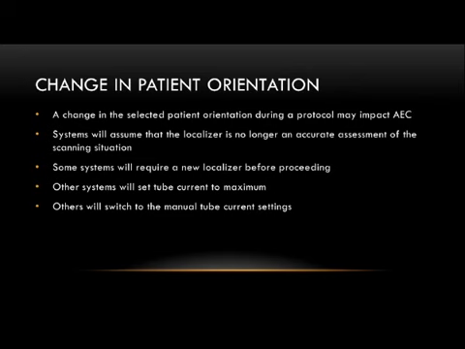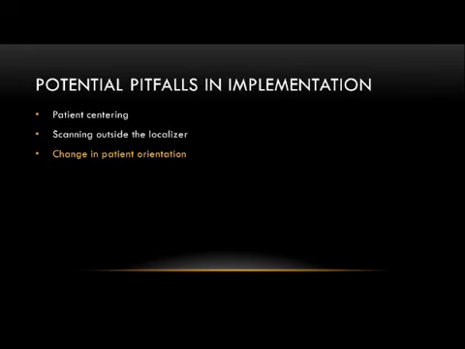Another very, very significant potential pitfall in implementation is if you change the patient orientation in the middle of a scan and don't acquire another localizer radiograph. I know this has happened at my institution before. It's not incredibly common, I think.